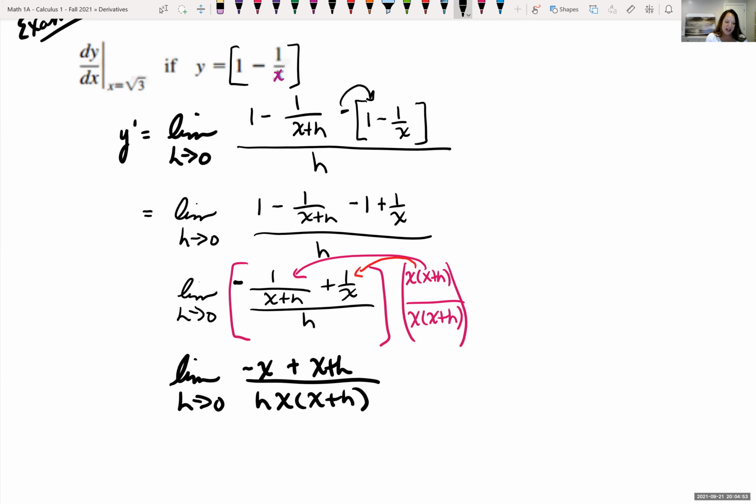So once we've done that, notice now that in our numerator, -x plus x cancels, and we're just left with that h term in the numerator. And we have an h factor in the denominator, so those can cancel.